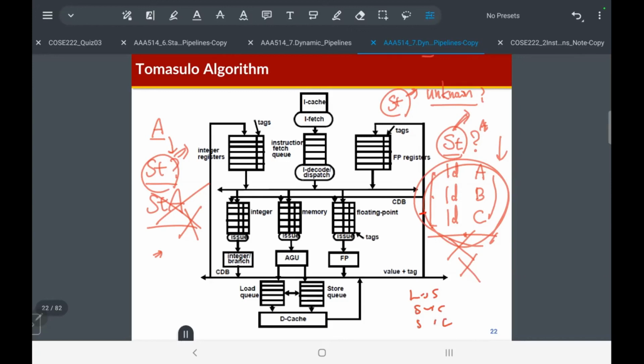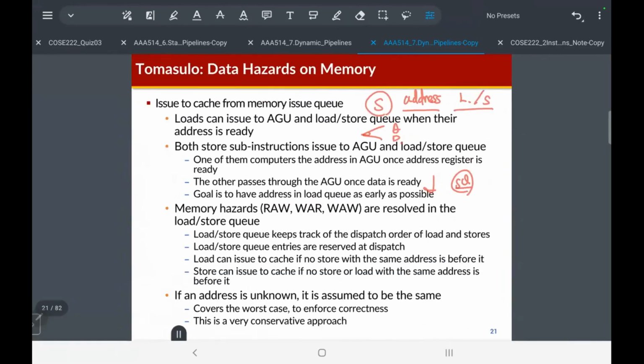It's very important. To support this, the Tomasulo algorithm has load and store queues, and with these queues, the order of data accesses to main memory is maintained.